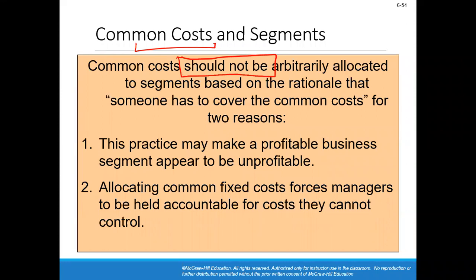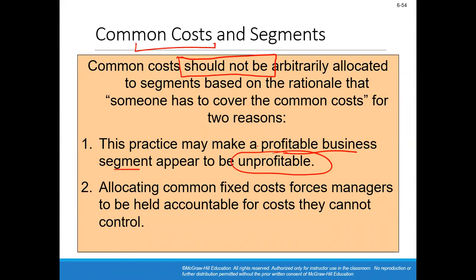First, if you do this, a profitable business segment might appear to have become unprofitable. I will show you a case of how it happens, by checking a quiz.